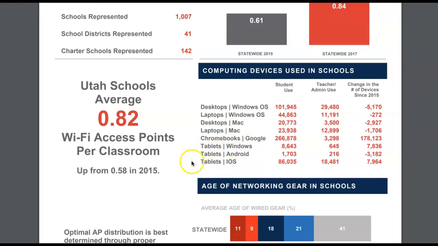The tablets are generally being used in just two kinds of instances. One is for kids in kindergarten through about second grade. So before they learn how to use a keyboard, they're using touchscreen tablets, and that makes a lot of sense. We also see tablets generally being used for specialty kinds of uses.